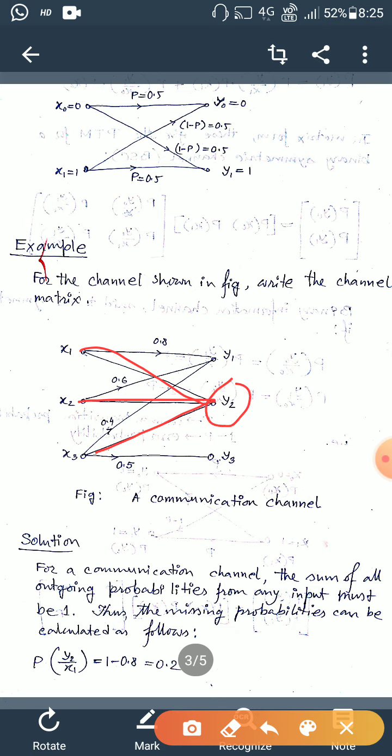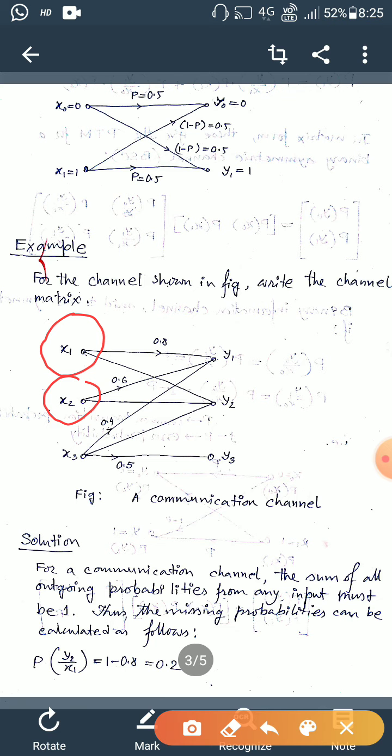This is defined as 1 minus 0.8 for the first one. Why is this? Because the sum for p of x1 should be equal to 1, the same for p of x2, and p of x3 also should be equal to 1.